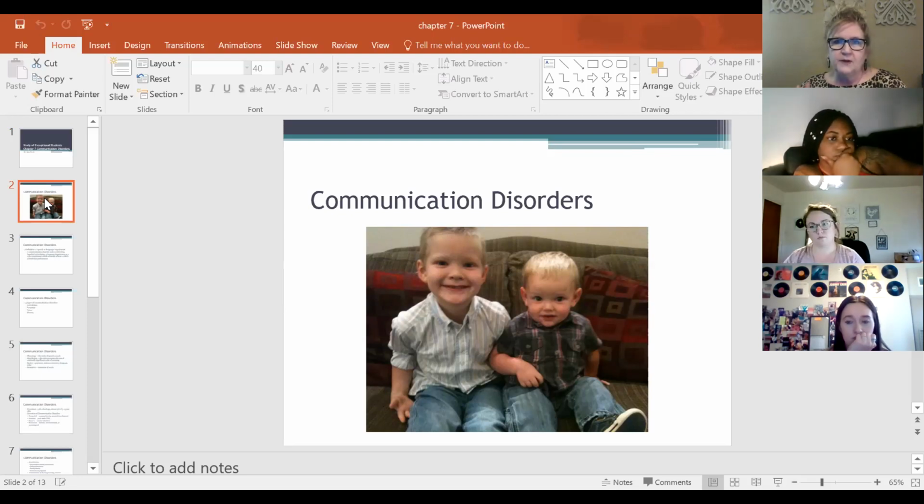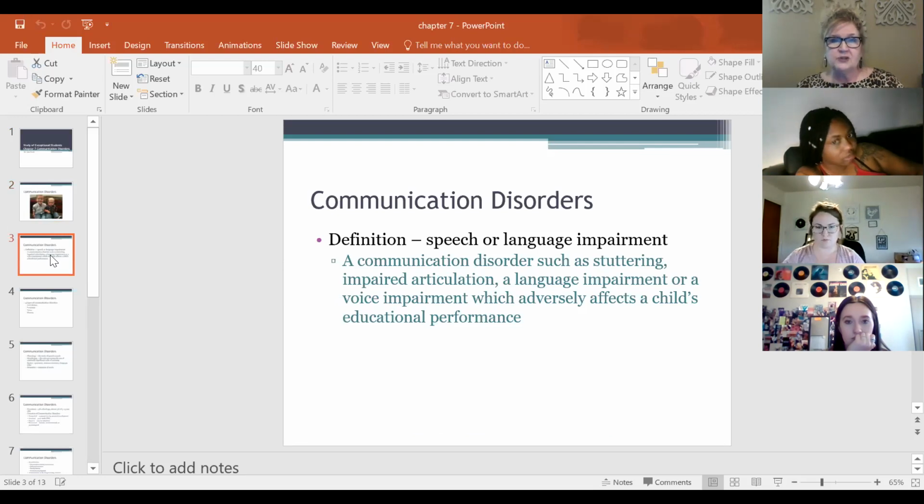There are actually 4 different types of disorders that fall under this umbrella of communication disorders, and that in the Texas public schools is called a speech impairment. And it actually includes 4 different kinds of things that we'll talk about as we go along tonight. So here's the definition of a speech or language impairment.